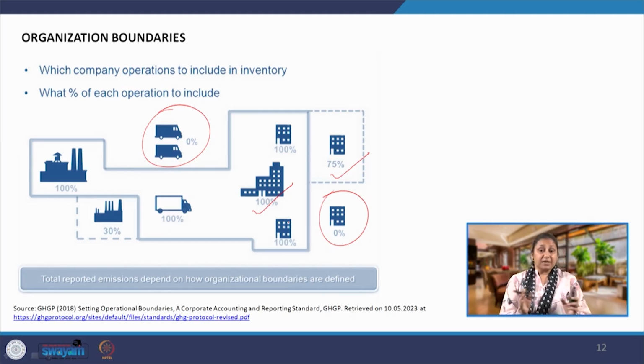So, the bigger the company is, the more assets it has, and the wider its distribution network, we will have to invest a lot of time to understand what my organization boundaries are. For example, if you read the protocol, and I will give you a lot of different examples too, take a very large cosmetic giant.